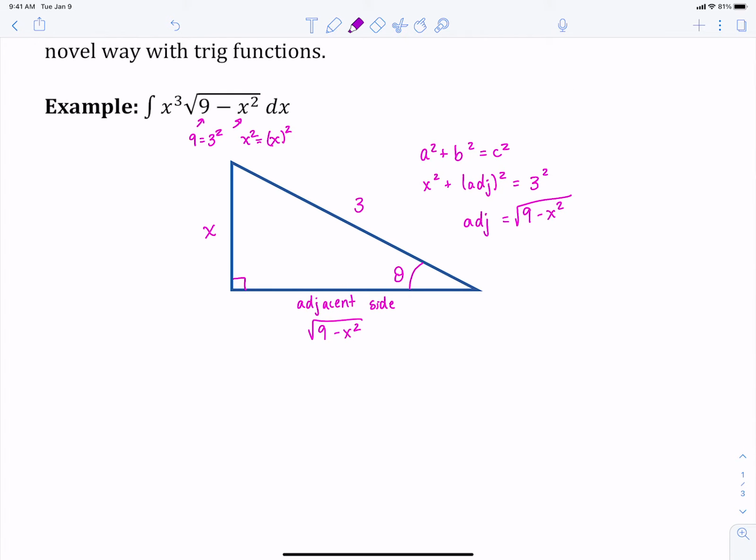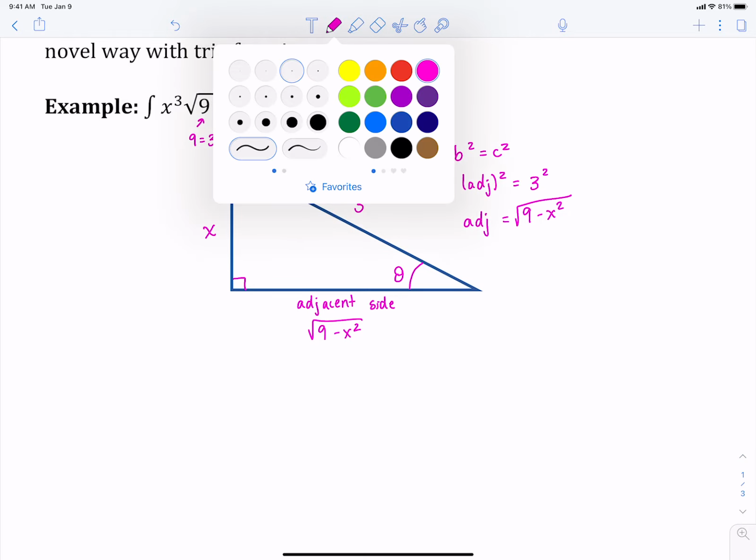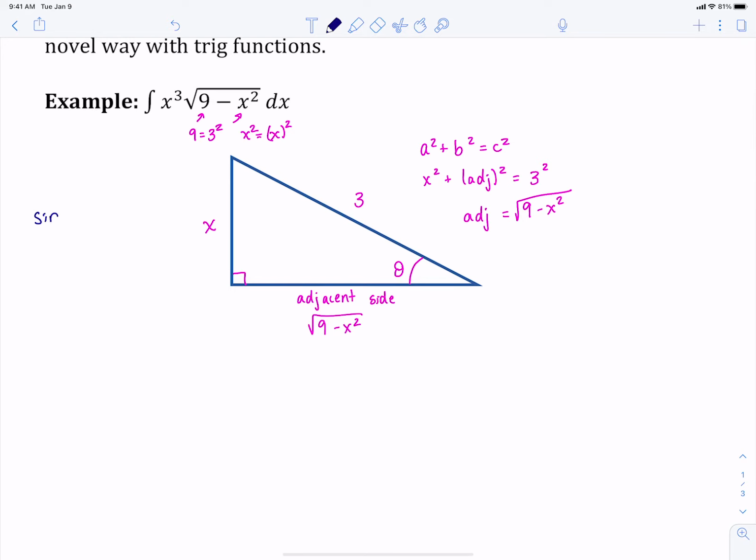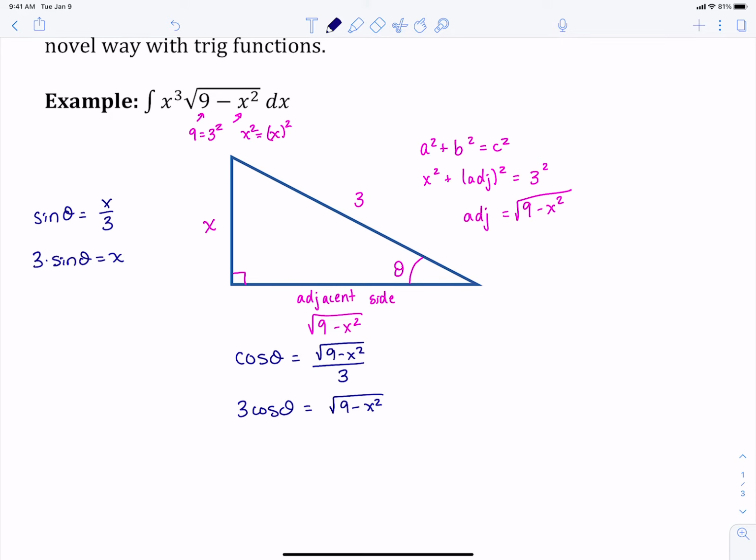because of things that we know are true about this triangle that we created here, and again, we created it, so we know that sine of that angle theta is x over 3. We could rewrite that as 3 times sine of theta is equal to x. We also could say that cosine of theta is equal to the square root of 9 minus x squared divided by 3, or that 3 times cosine of theta is equal to the square root of 9 minus x squared.